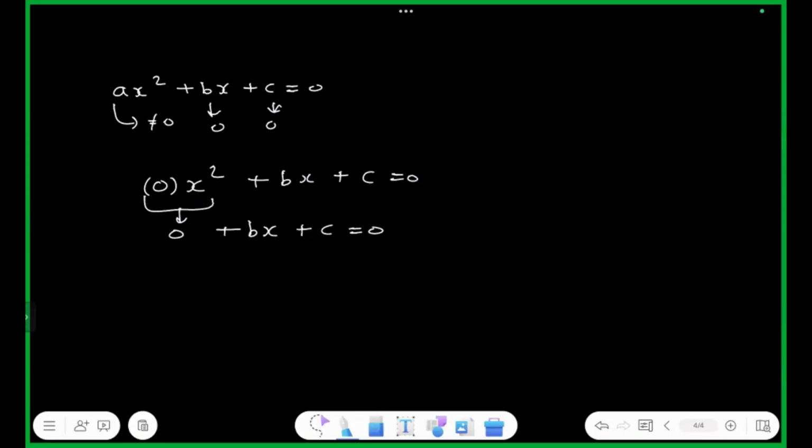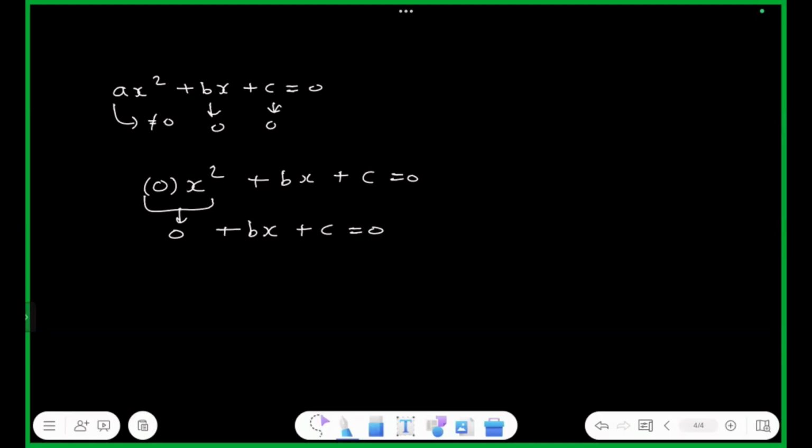If you see carefully here, the term ax square becomes 0 and the equation becomes bx plus c is equal to 0. Now observe the highest power of the variable. It is 1, not 2. That means it is no longer a quadratic equation. Instead it has become a linear equation. Therefore, a can never be 0 in a quadratic equation.